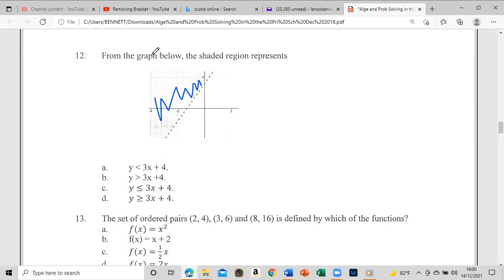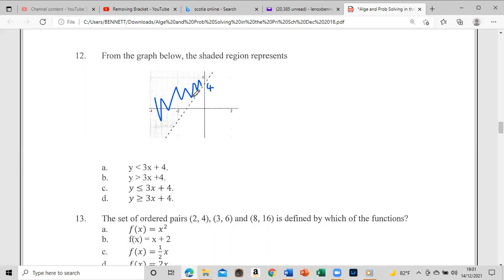It said, from the graph below, the shaded region represents, is it y less than 3x? I guess this point here is 4, because we cut the y-axis. So the graph is y equals 3x plus 4.